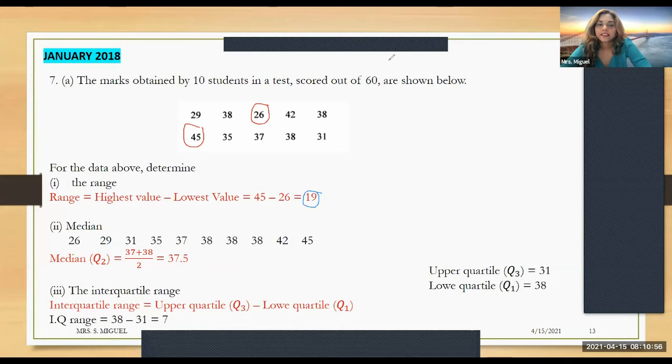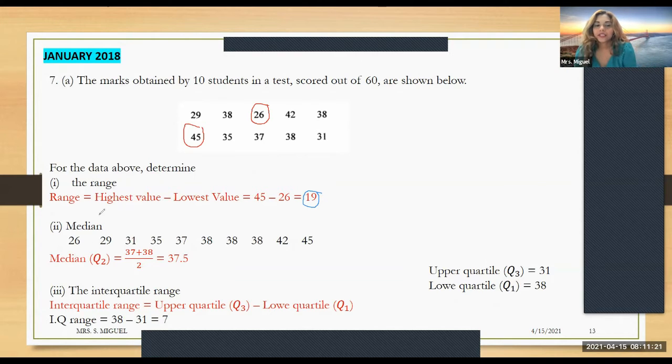Part 2 says to find the median. It is important to remember that to find the median, we have to arrange the numbers in numerical order, either from highest to lowest or from lowest to highest. So here, the 10 scores were arranged in numerical order, and the word median means the middle score.